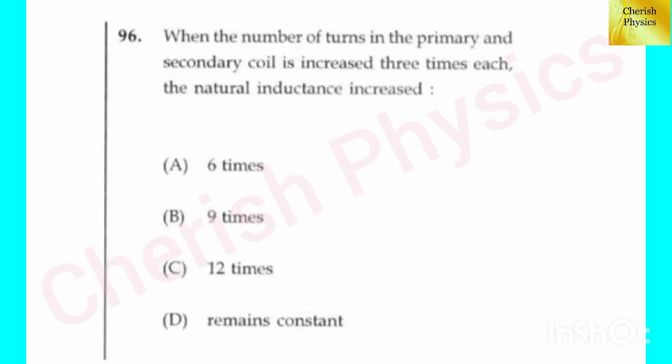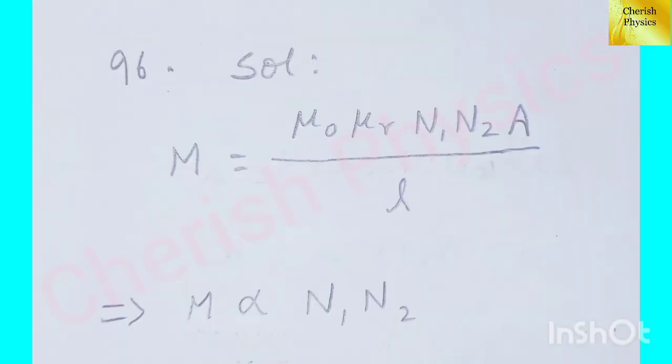Question number 96. When the number of turns in the primary and secondary coil is increased 3 times each, the natural inductance increased is dash. That is, they are asking the mutual inductance. Straight away we will see the solution.